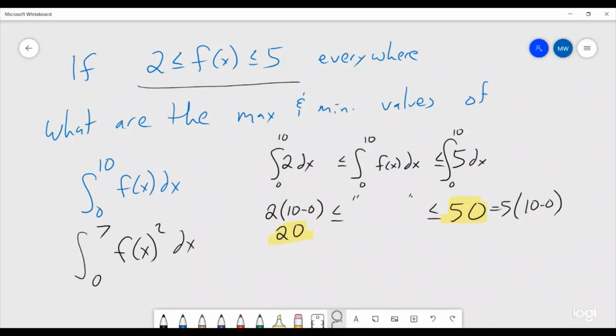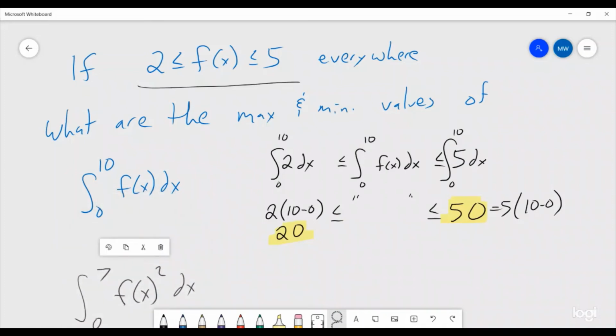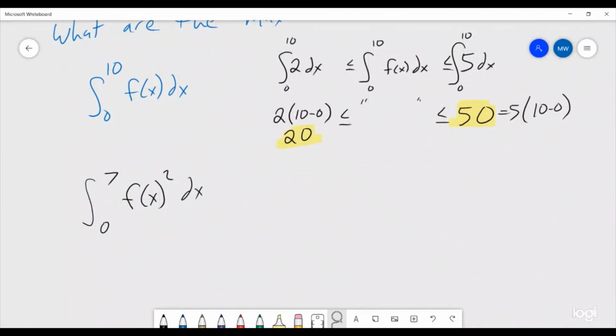But how do we do that with this one? Well, the trick with these is to recognize that f of x squared is also bounded. We know that f of x is between 5 and 2. So if we square it, it's going to be between 4 and 25.